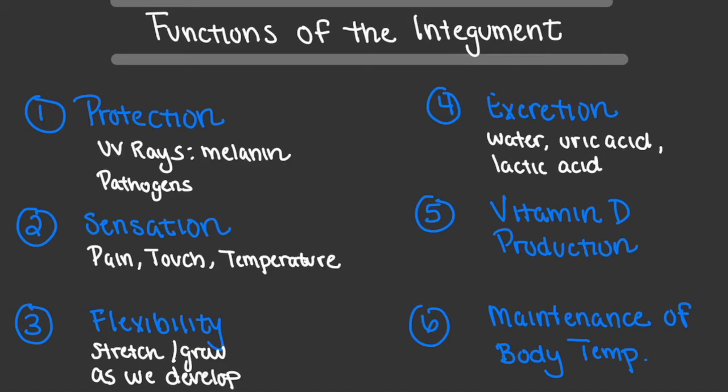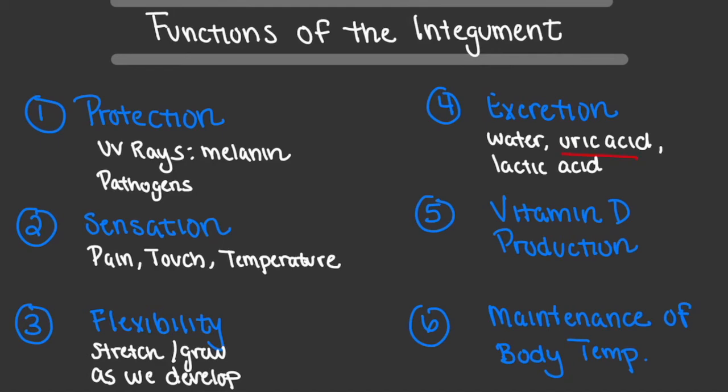And so uric acid is actually produced during the breakdown of food. So if we consume things like beans, peas, and even beer, our skin or our integument helps to release uric acid.